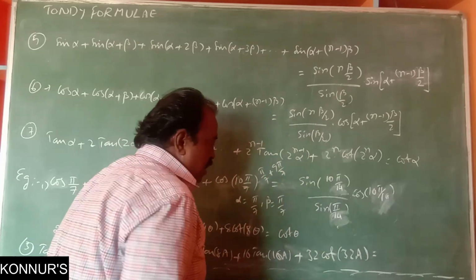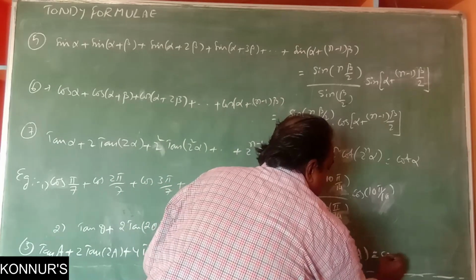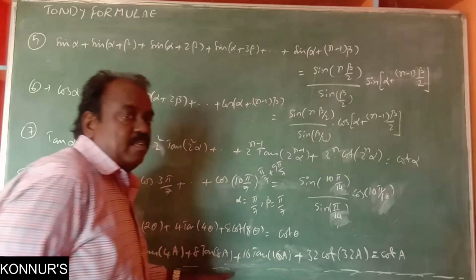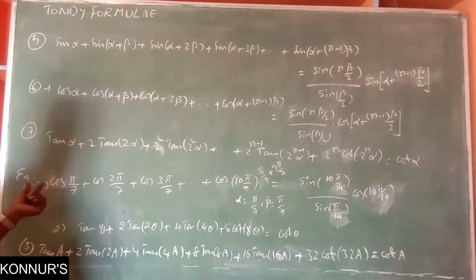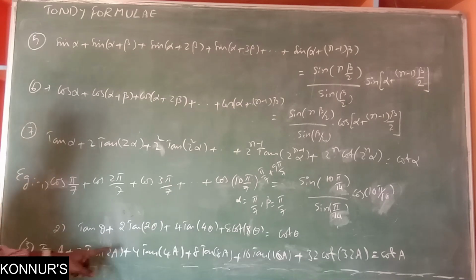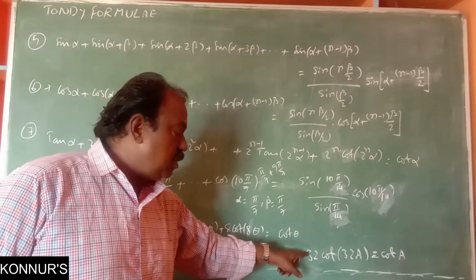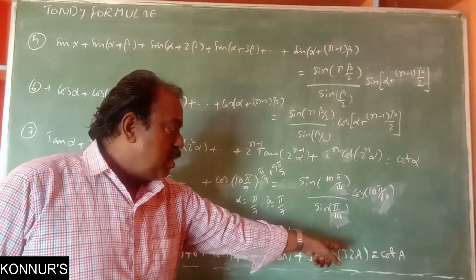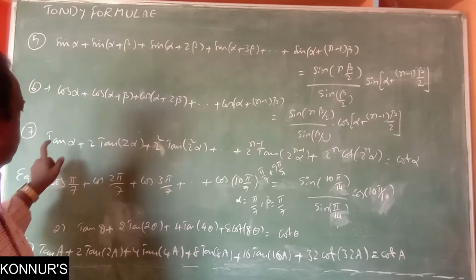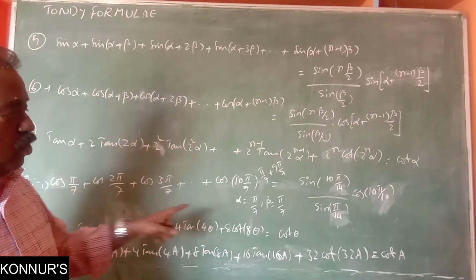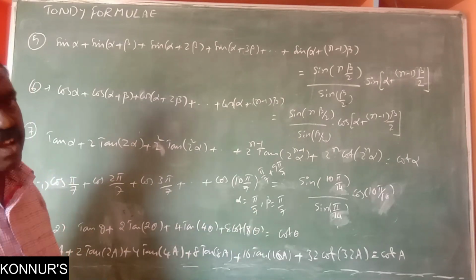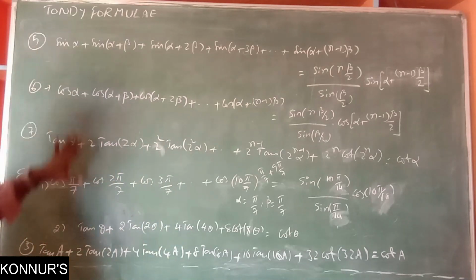Then its answer is simple, it is cot A only. Because it is in this 7th formula: all are tan, the last one is cot. It is 2 power 1, 2 square 4, 2 cube 8, this 16 is 2 power 4, 32 is 2 power 5. So its answer is simply cot A. You prepare it well.